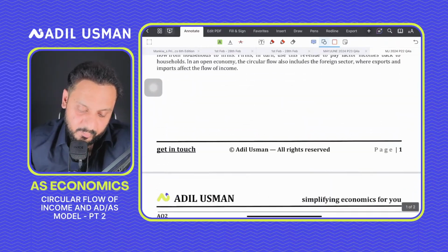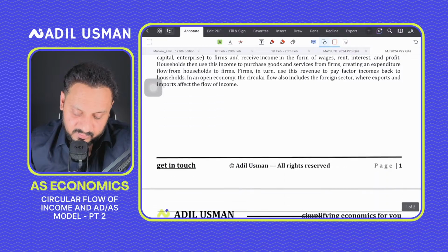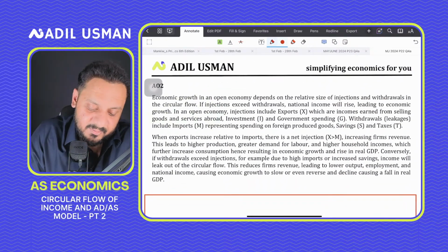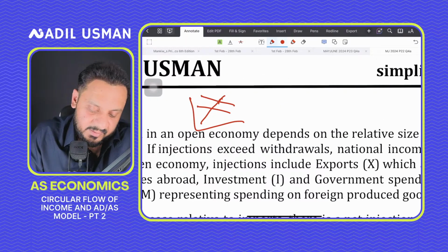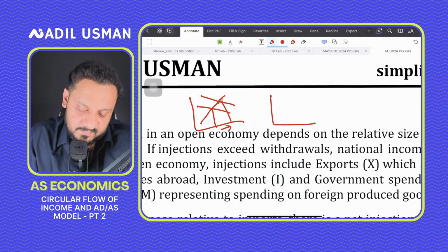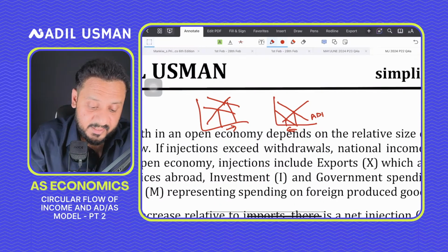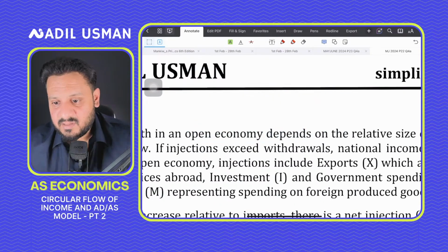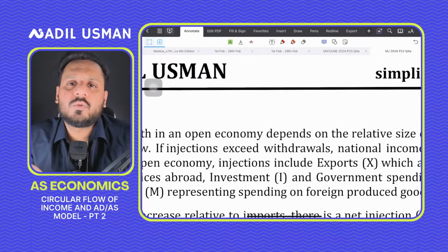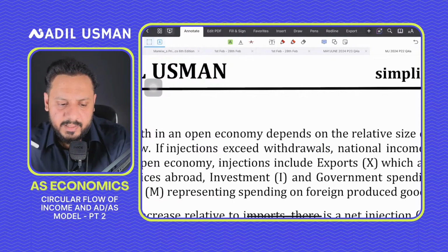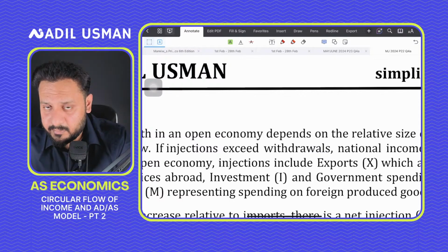This question came in May/June 24, and the mistake the students made was that they were drawing AD-AS diagrams for economic growth. They were saying that aggregate demand will shift to the right and real GDP would increase. You weren't supposed to do this. Examiners penalized the students for it. It was explicitly written that examiners had penalized the students who were drawing these unnecessary diagrams. AD-AS diagrams were not supposed to be drawn. Just because you see economic growth as a word there doesn't mean you start drawing AD-AS diagrams, right?